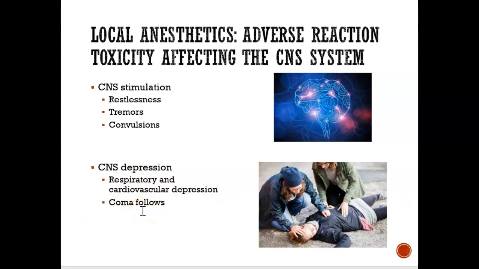So this is a severe side effect where the brain gets really excited, stimulated, and then it gets depressed, and the breathing depresses. It could be dangerous, where they could stop breathing completely. They could go into a coma too.